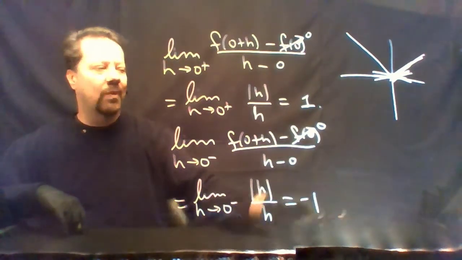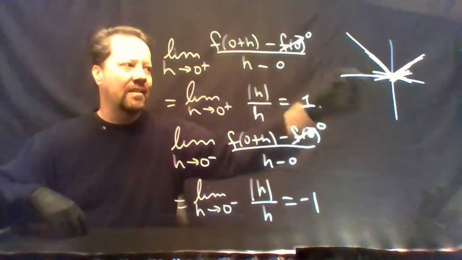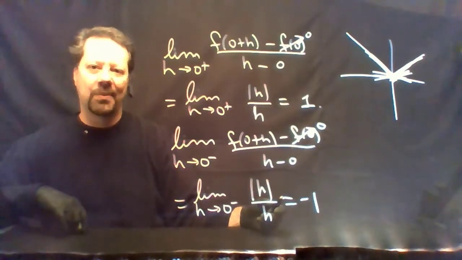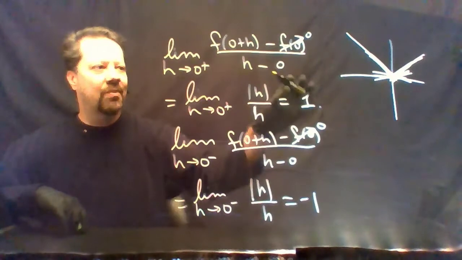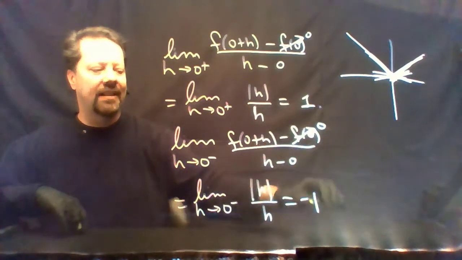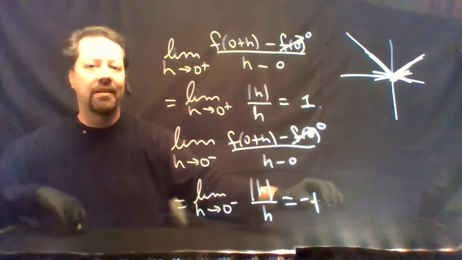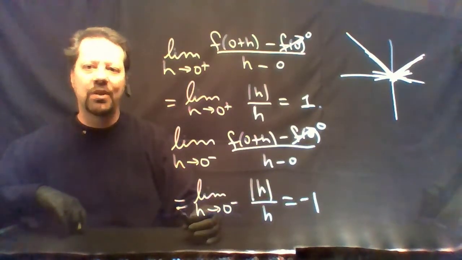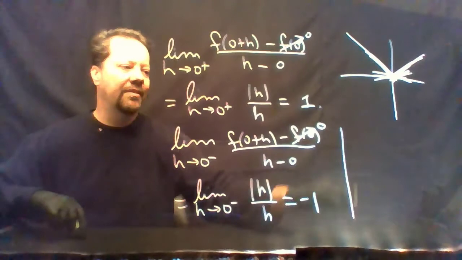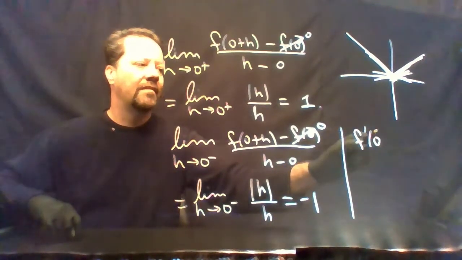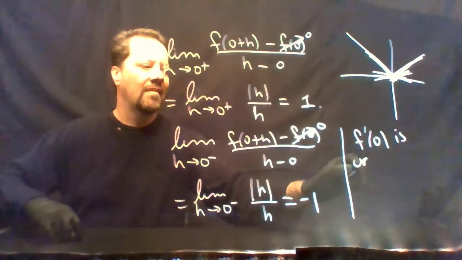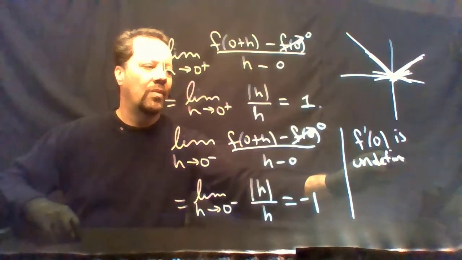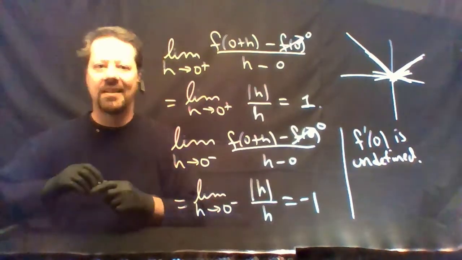The limit is -1, which makes a lot of sense because on the left, the slopes are all -1. Since the right-sided limit is 1 and the left-sided limit is -1, since those are different, the limit itself does not exist, which means f prime of 0 is undefined. Or does not exist as a limit.